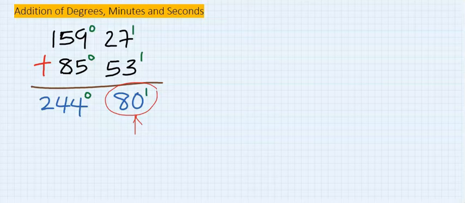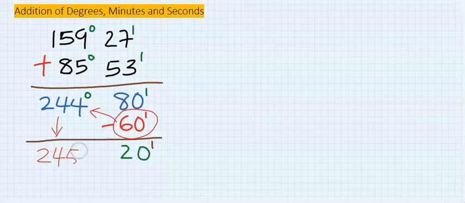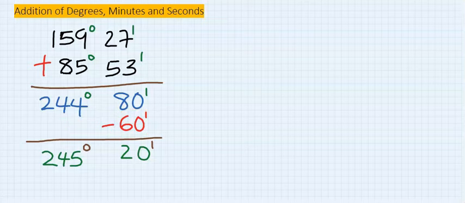Hence, you subtract 60 minutes. Subtracting 60, you get 20 minutes. Next, as 244 degrees is coming down, this 60 will add to it and you get 245 degrees. This is now less than 60 minutes. Hence, this is our result.